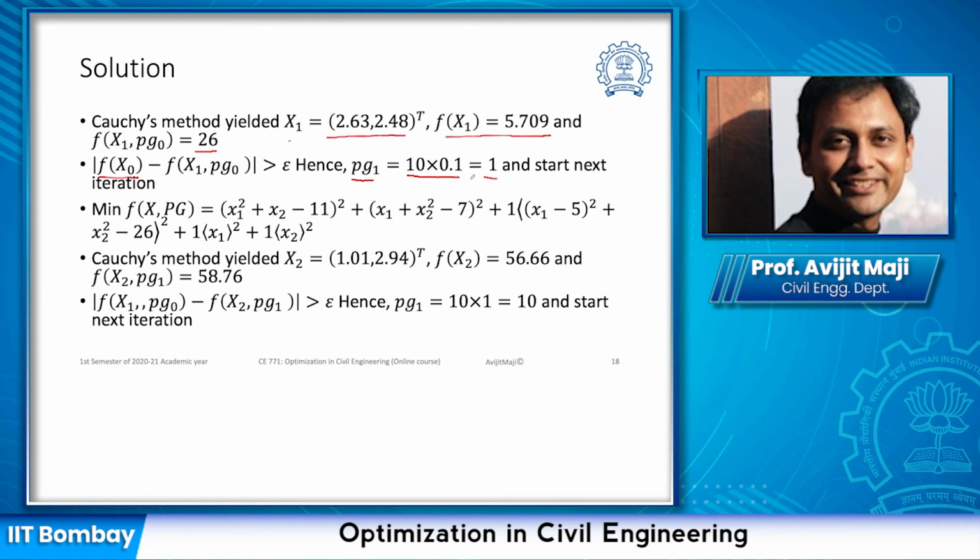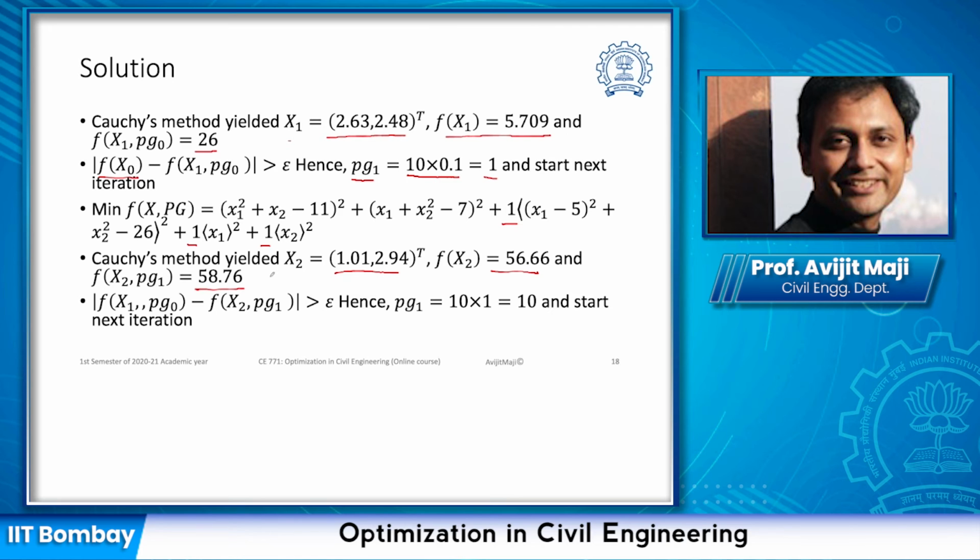Once we change the penalty parameter, we need to rewrite the transformed objective function, and we'll see that we have replaced the penalty parameters in this case. Now this is again an unconstrained multivariable optimization problem, for which we can use the Cauchy method, and if we do so, we'll find the point as this, and the objective function at this point is going to be this, and the transformed objective function value is going to be this.